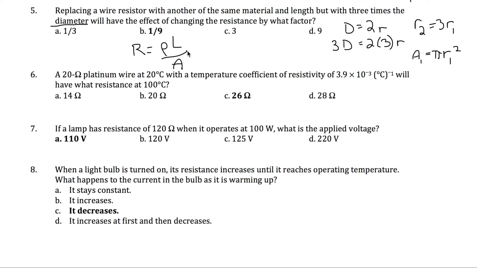So let's just plug that in here to find the initial resistance. Sometimes it's easier to put in 1s and 2s. So the initial resistance was rho times the initial length divided by pi, the initial radius, squared. And now we want to see what happens when we're doing the same material, same length, but 3 times diameter.